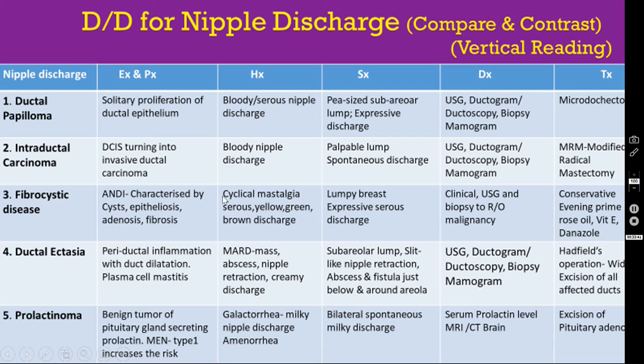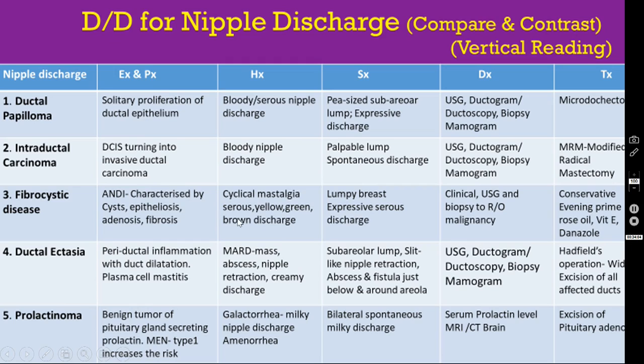Patients will have what is called cyclical mastalgia. That is, the pain will be aggravated just before the menstrual period. Whenever the patient is going to have menstruation, the patient will experience severe pain.